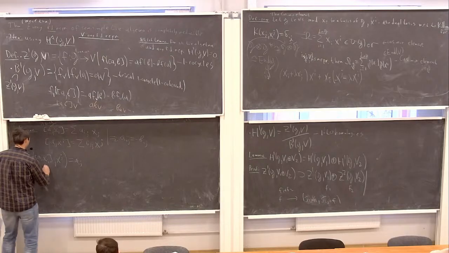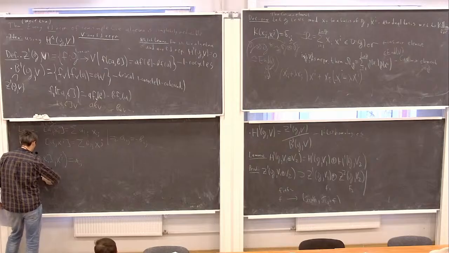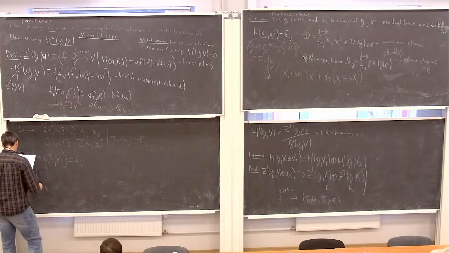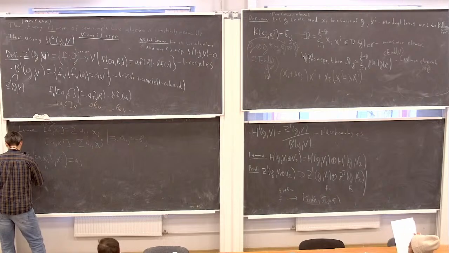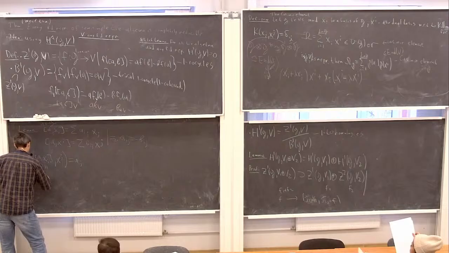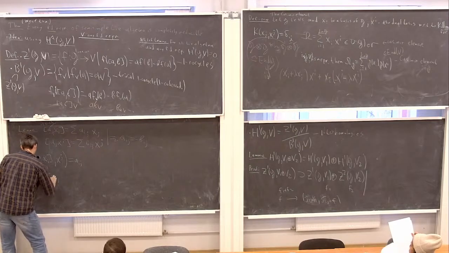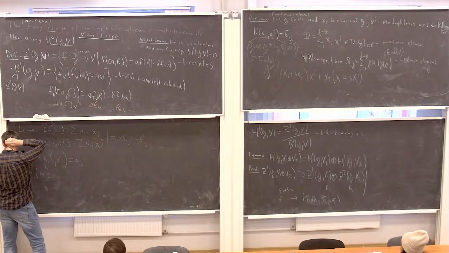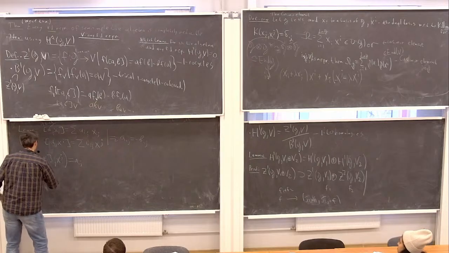Moreover, the form is invariant, so it's equal to minus the commutator of A with x_j paired with x_i.